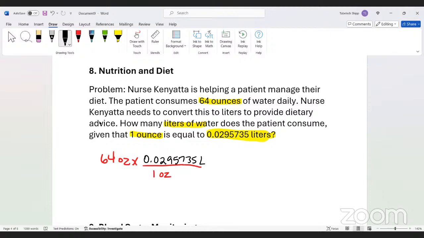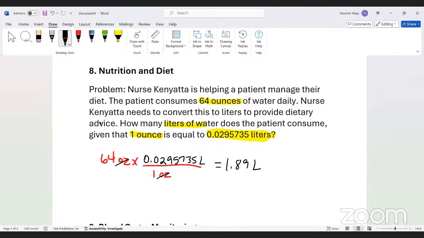You are welcome. So I'm going to give you an example of that so you can see what I'm talking about. You have 64 times 0.0295735, and you get 1.89 liters.